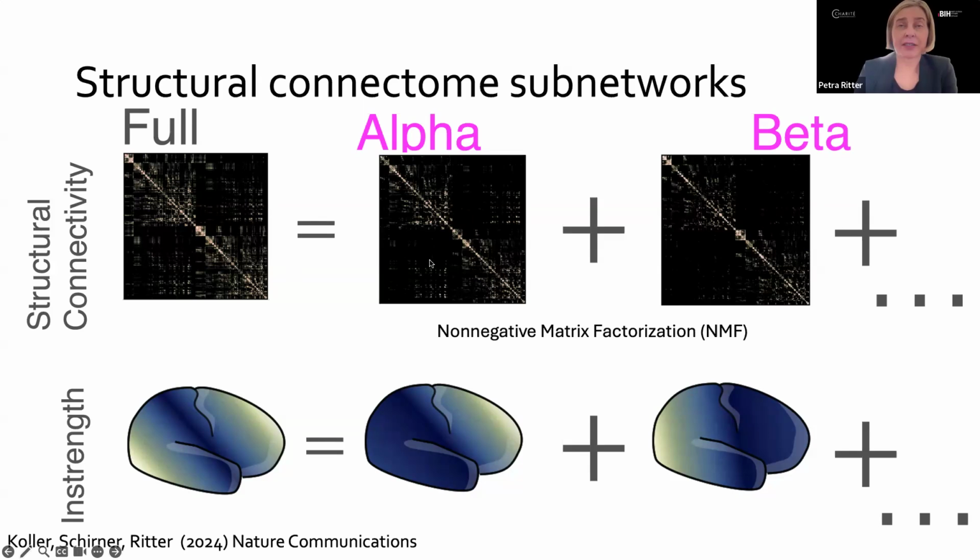But here we see that the in-strength gradient is actually for the two components divided into two opposing in-strength gradients. For the alpha band, we see a high in-strength frontally, and for the beta band, we see a high in-strength occipitally.